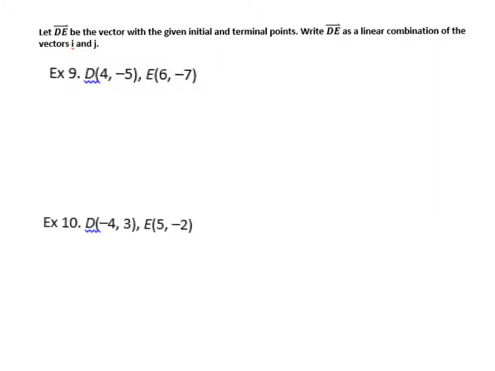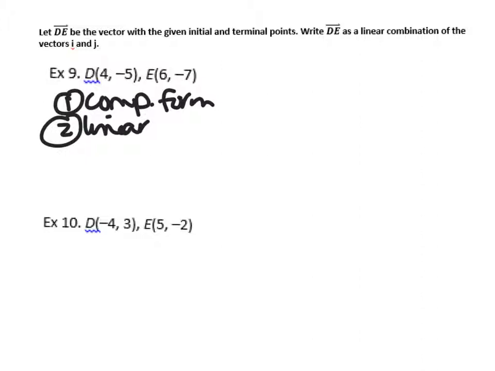Okay. Next, I want to let DE be the vector with the initial point and terminal point. Write DE as a linear combination of the vectors i and j. So the first thing they basically want you to do is write it in component form, and then write it in a linear combination form. So to find it in component form again, I do the end minus the beginning.